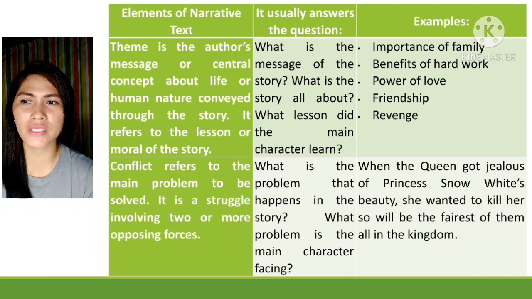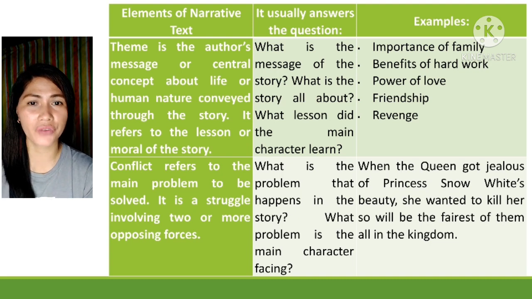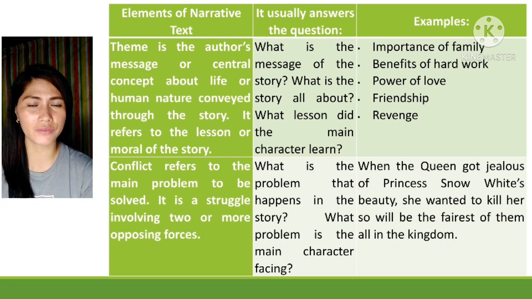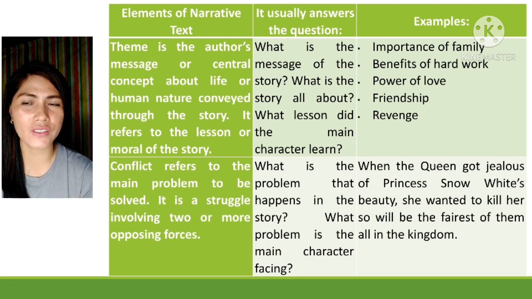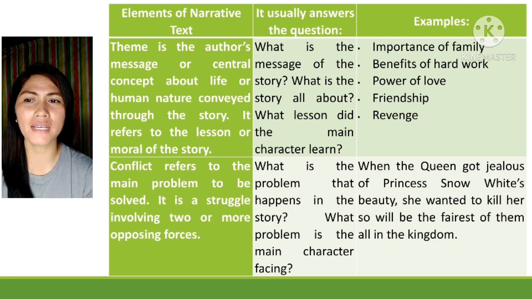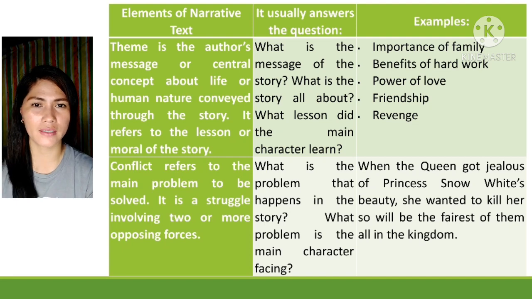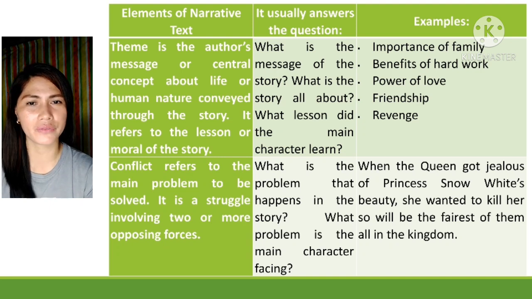Theme is the author's message or central concept about life or human nature conveyed through the story. It refers to the lesson or moral of the story. It usually answers the question, what is the message of the story? What is the story all about? What lesson did the main character learn? Examples: importance of family, benefits of hard work, power of love, friendship, and revenge.